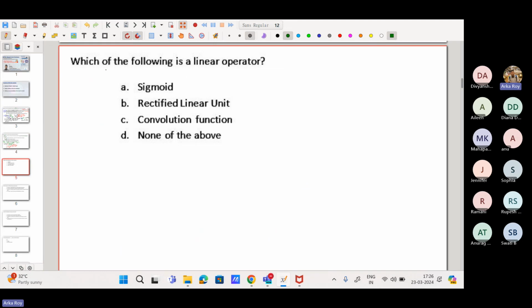Okay, so the third question basically asks which of the following is a linear operator. We have seen that linear operators follow the superposition theorem.